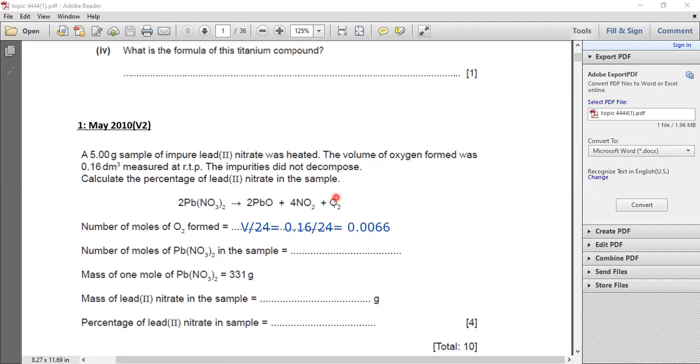Now, the number of moles of oxygen is known for me. After that, I need number two. One minute, please. Number of moles of PbNO3 by 2 in the sample. In the chat box, please, I need to see what is the number of moles. Yalla, start, please.